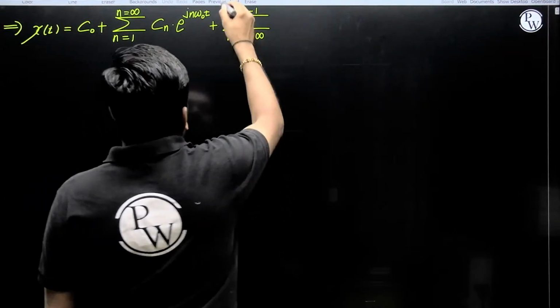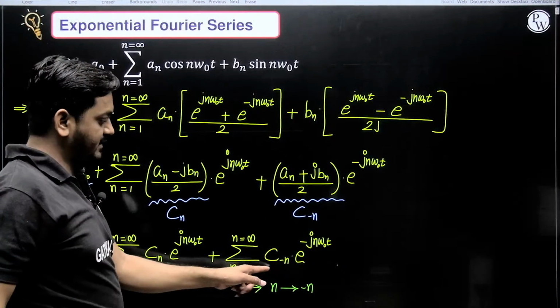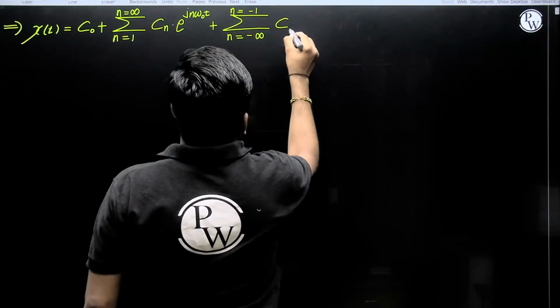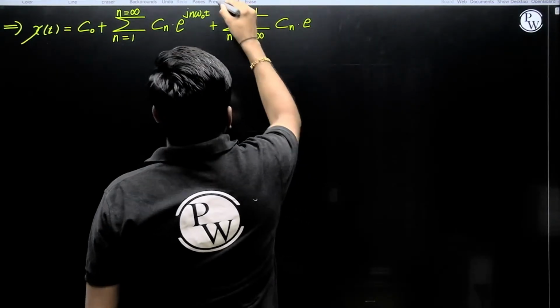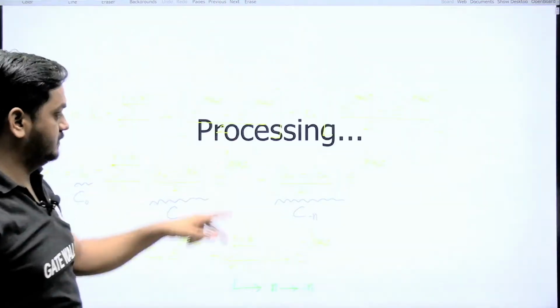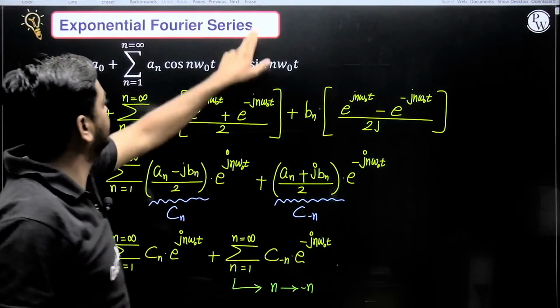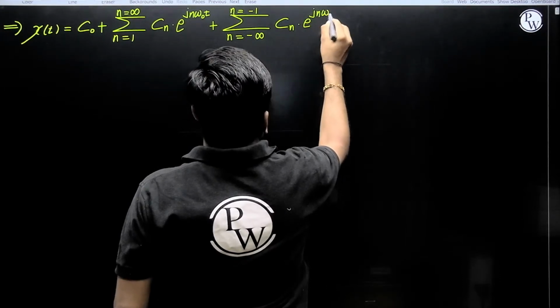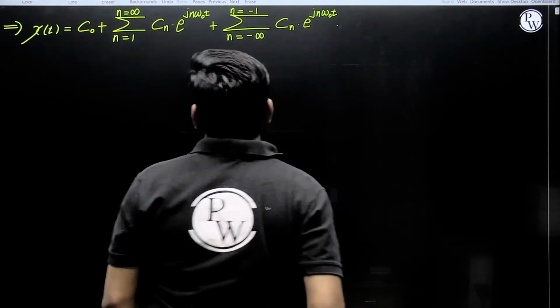And here I told you guys n becomes minus n. So c minus n becomes c n, and the power also, same thing. Minus n becomes plus n, so it is a e to the power j n omega 0 t.